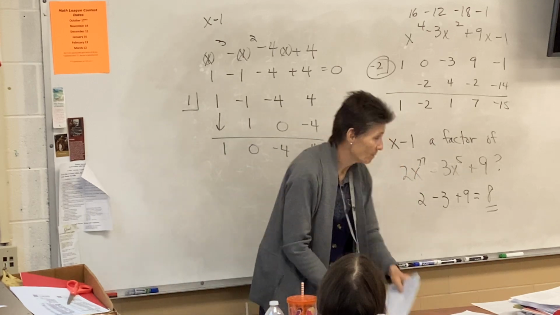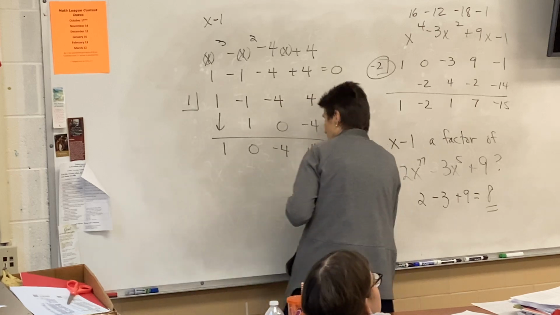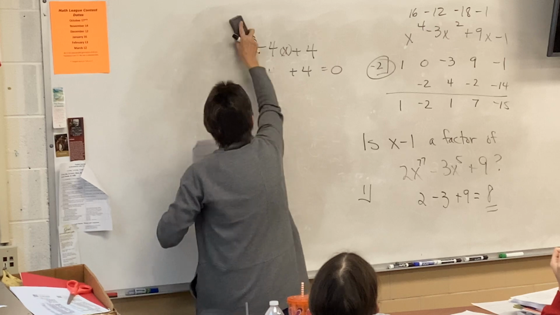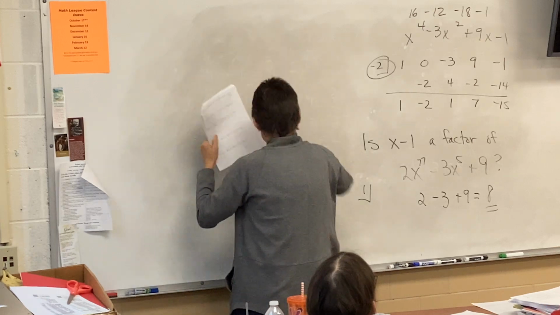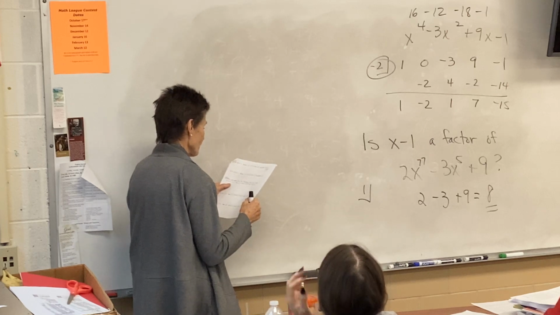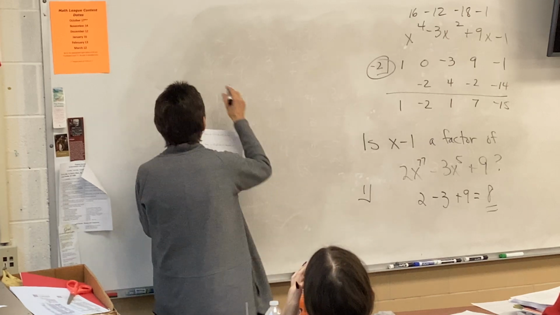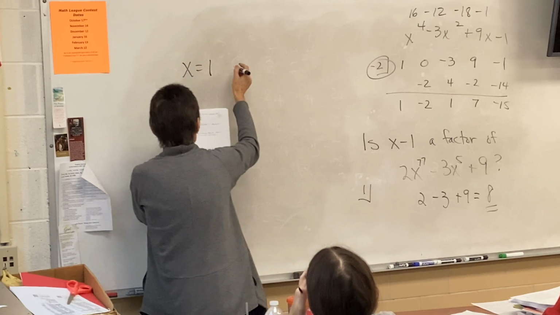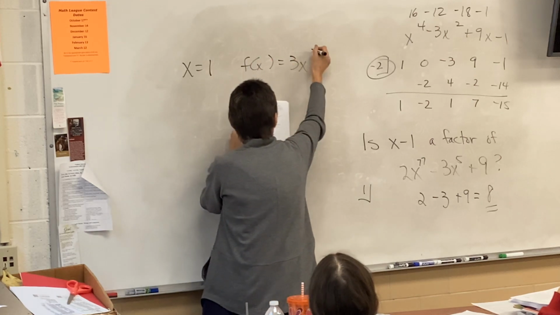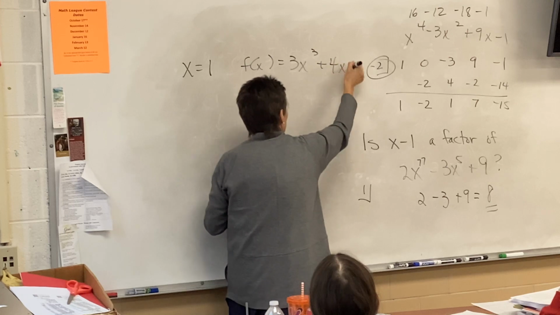All right, one more problem, and I got something I need to do. So one more, here we go. Given 1 zero for the following, find the others. So x equals 1 is a 0 of this polynomial. Can anybody tell me what that means?